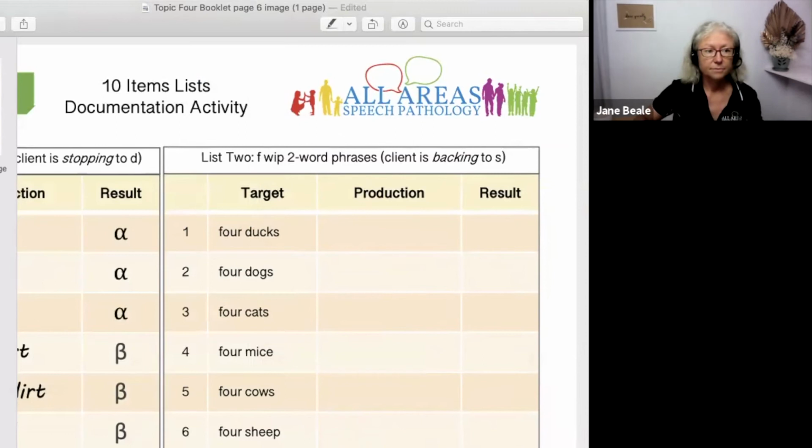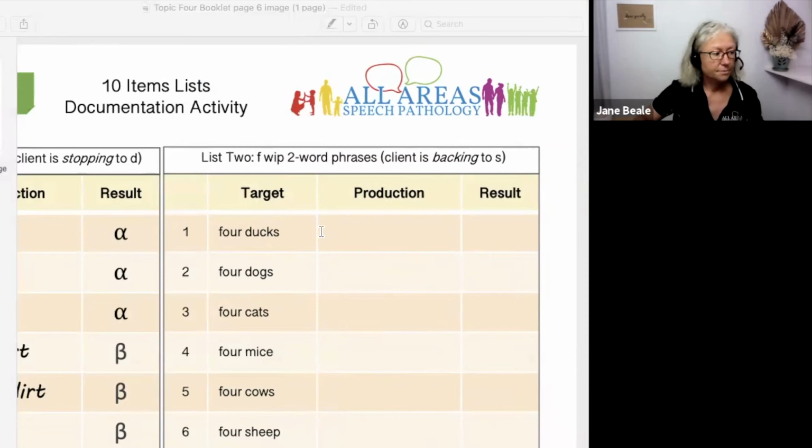List 2 on page 6 of the topic 4 booklet. Word initial position in 2 word phrases, and the client is backing to s. 1. 4 ducks.